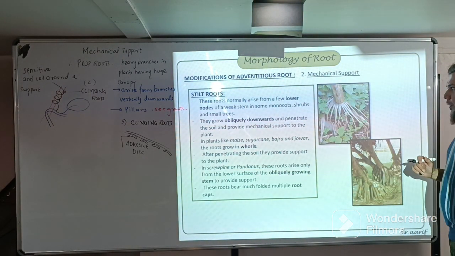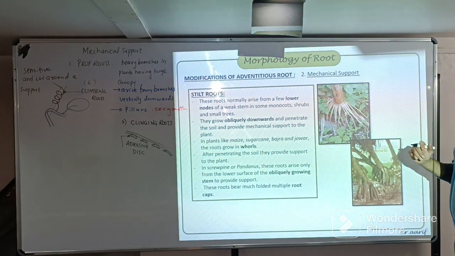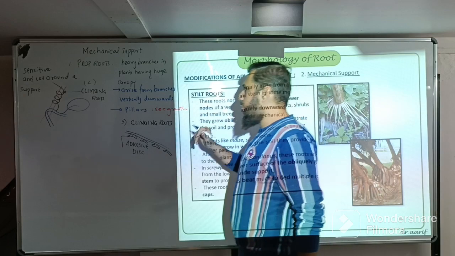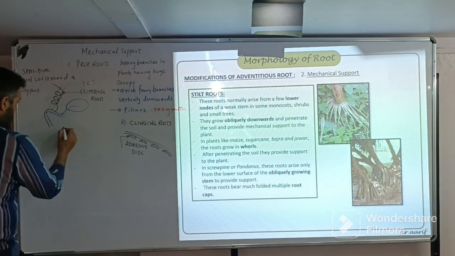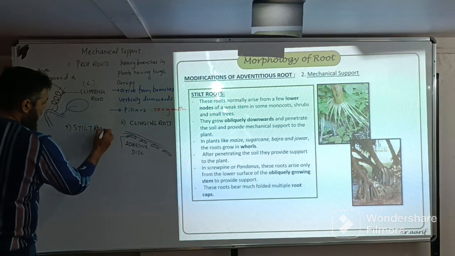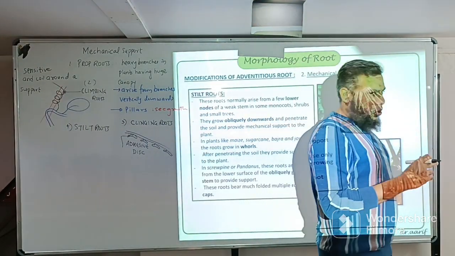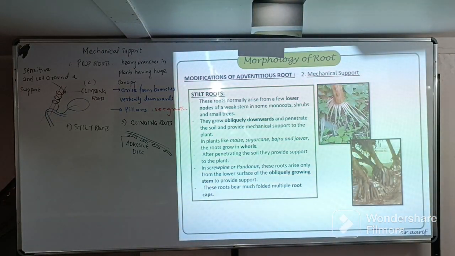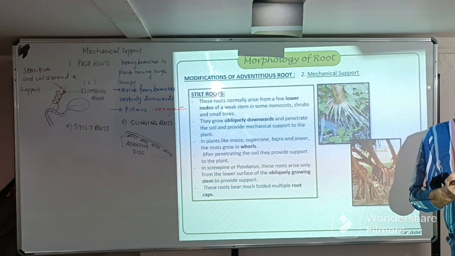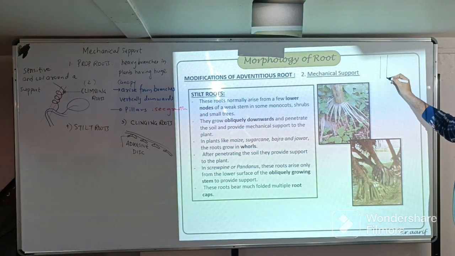Now, in this particular modification, which is called the stilt roots, let us talk about the stilt roots now. Okay? In certain plants like sugarcane, jowar, bajra, the main stem, this is the main stem I'm drawing over here.